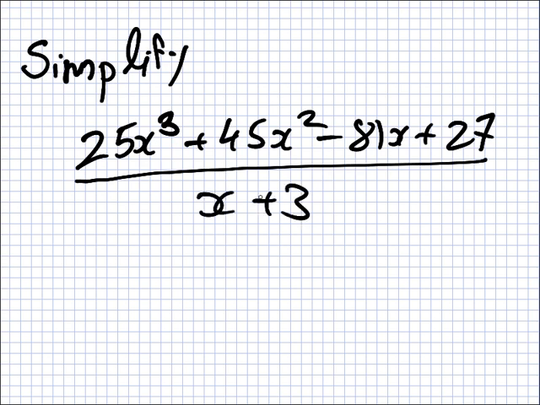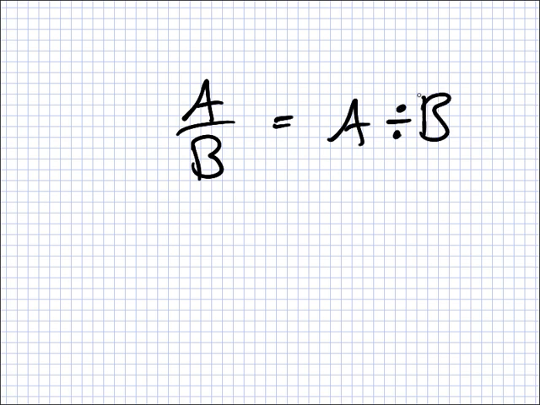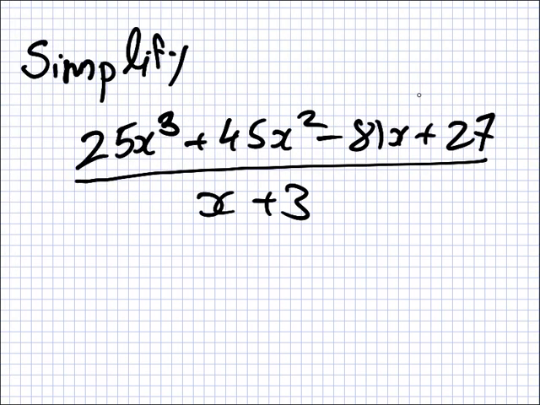Now if you think about this, it's a long division again, because having a over b is the same thing as having a divided by b, right? So really I'm asking you here to do a long division.